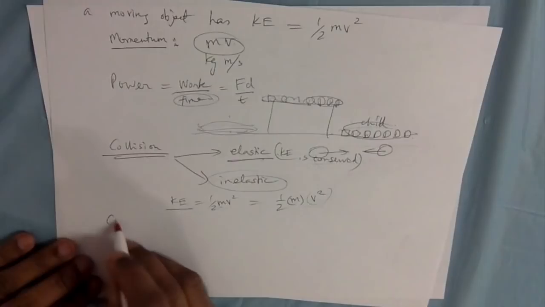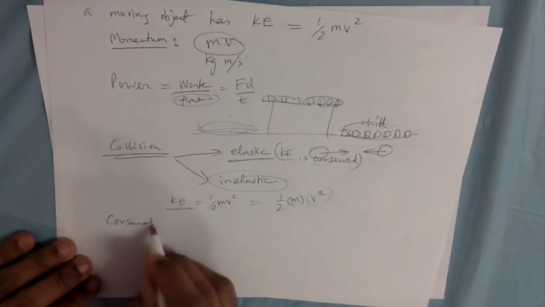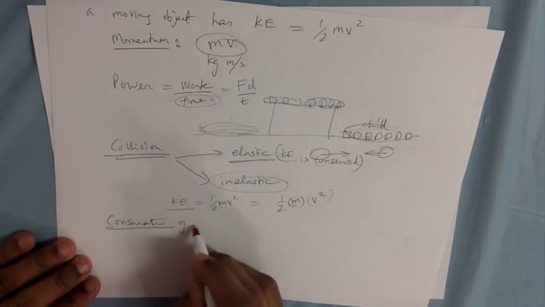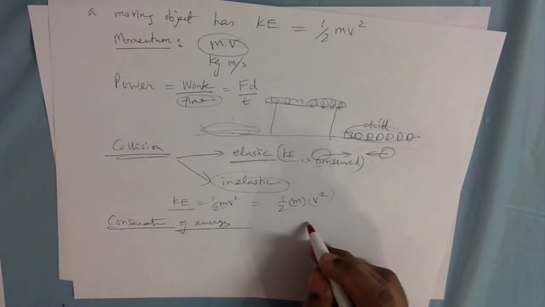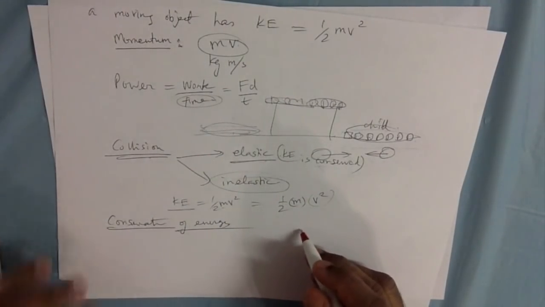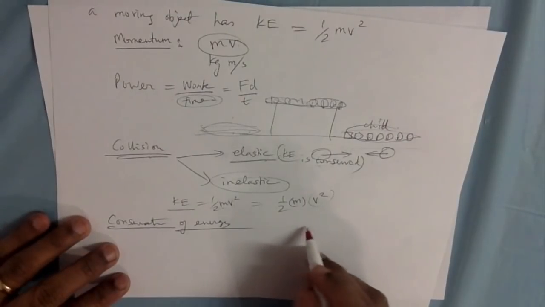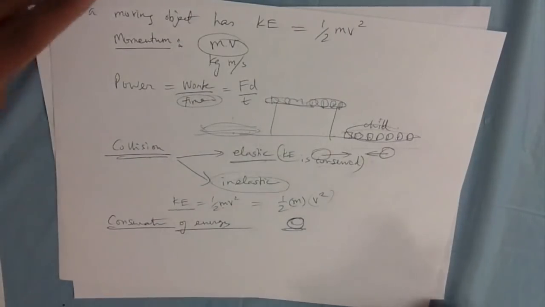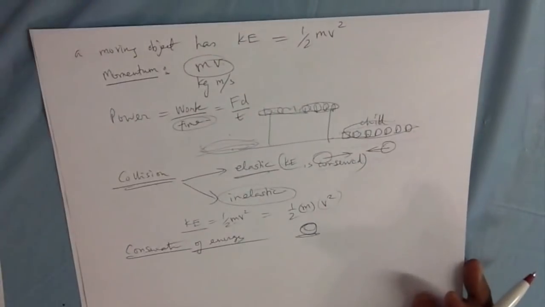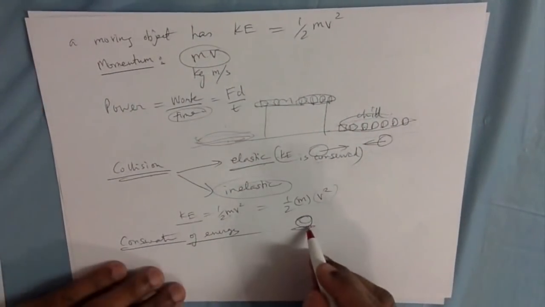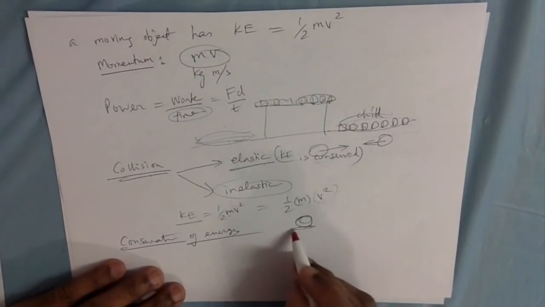Now, conservation of energy. Energy cannot be created nor destroyed. It just changes from one form to another. Say, for example, a basketball is rolling out of a hoop.